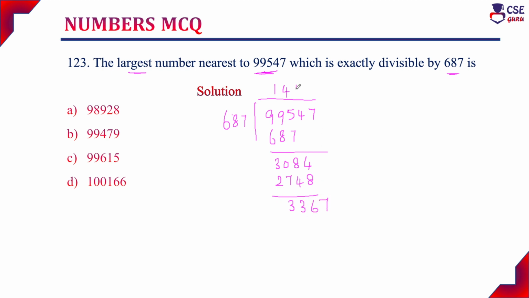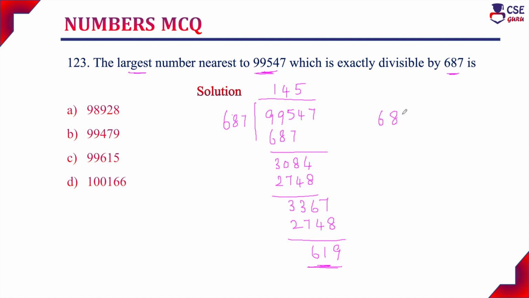And next is 5 times 687, 2748, and the remainder we will get is 619.